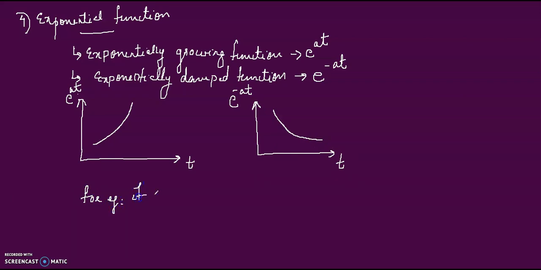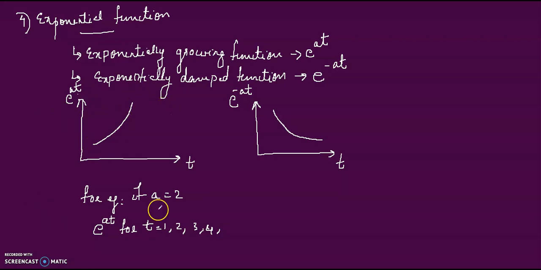For example, if a is equal to 2, take the value of e raised to at for different values of t, that is t is equal to 1, 2, 3, 4, etc., and plot it in the graph. So you will get an exponentially increasing waveform function.